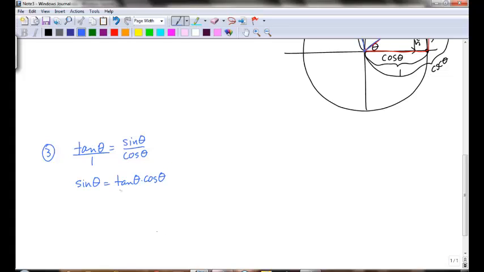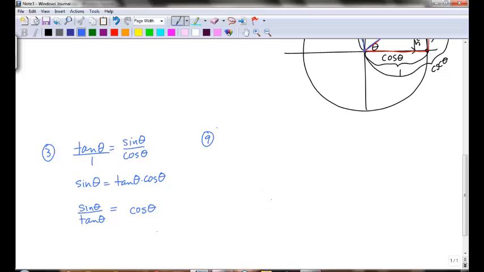Divide by tangent. So if I take this and divide by tangent, I'm going to get cosine equals sine over tangent. So basically you've rewritten that formula. You're going to see one formula on your card, but it shows all three of them.